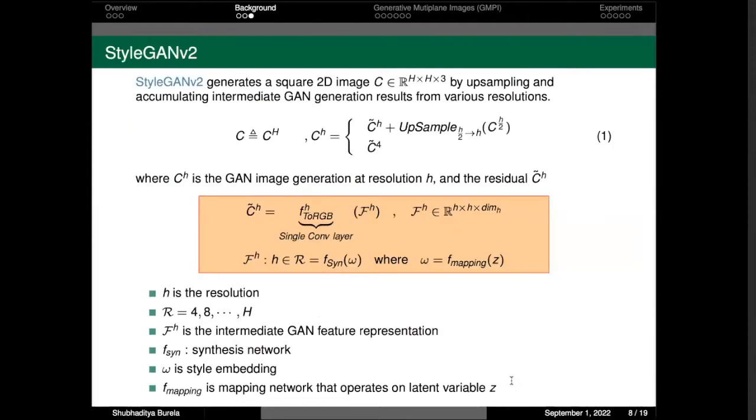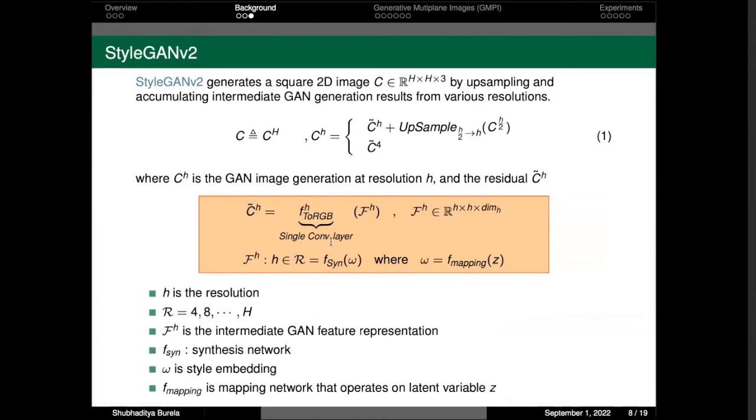So far, we have seen that the method is built on the StyleGAN v2 model. It makes sense to briefly go through what the internal structure of the StyleGAN v2 architecture is. So it generates a square 2D image, C, let's say, by upsampling and accumulating intermediate GAN generation results. So we have C_H, the GAN image generation at resolution H, and C tilde H is the residual.